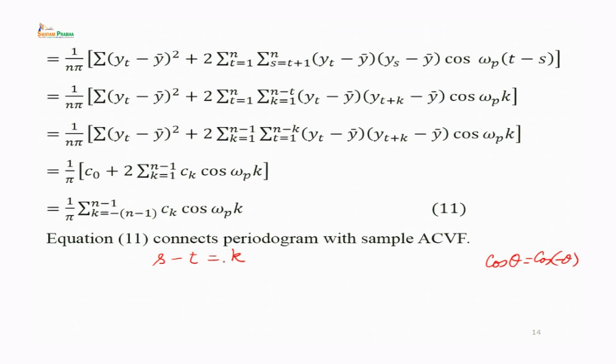So, for s minus t equal to k, the range of k is, for s equal to t plus 1 you get k equal to 1, and for s equal to n you get k equal to n minus t. So, (y t minus y bar), then you have s equal to t plus k, (y t plus k minus y bar) cos omega p k.